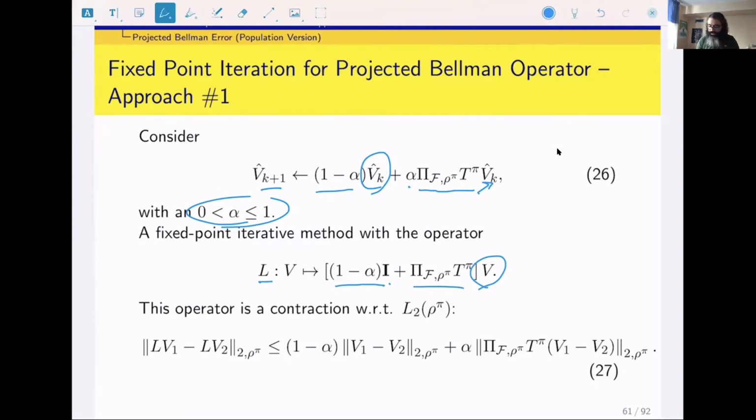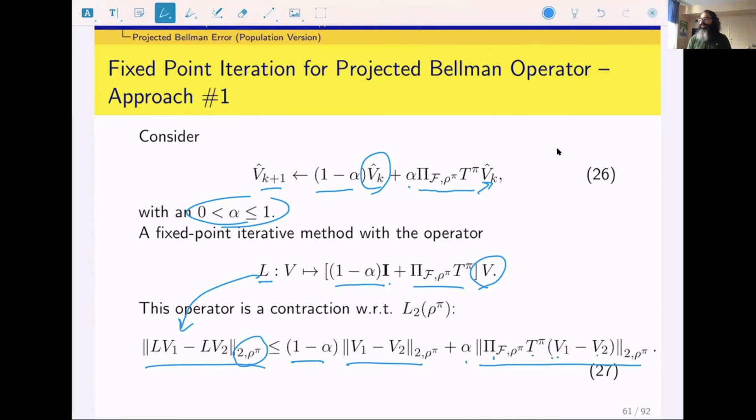The basic idea is to write this L here and check the condition for contraction, but I notice that I'm measuring contraction not with respect to the supremum norm, which we used to do before, but with respect to the L2 norm. So it would be (1 minus alpha) V1 minus V2 plus alpha times the difference between the projection of the Bellman operator applied to V1 minus V2.